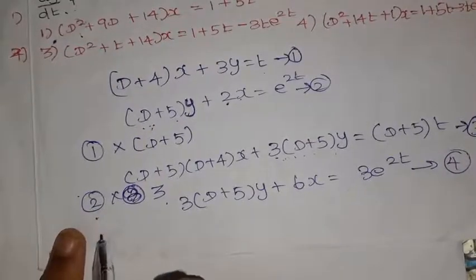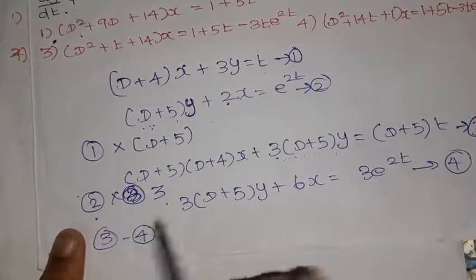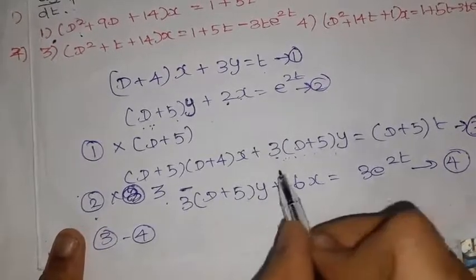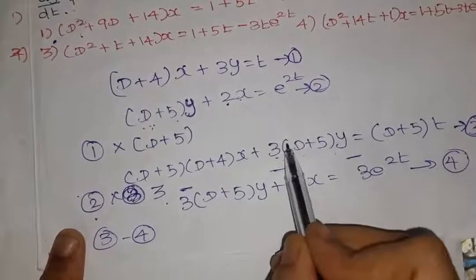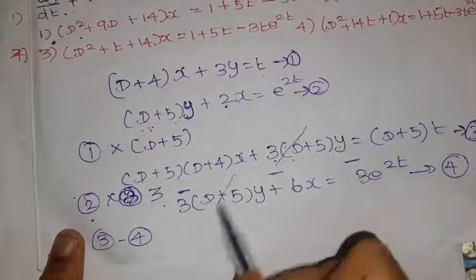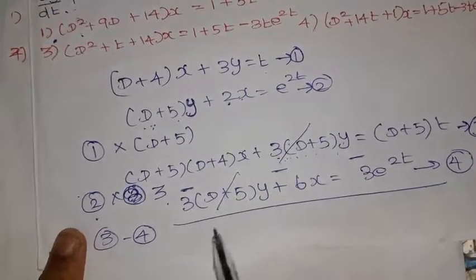Now 3 minus 4, nothing but change the minus sign here, so the 3(D plus 5) y terms get cancelled. Then what will we get?